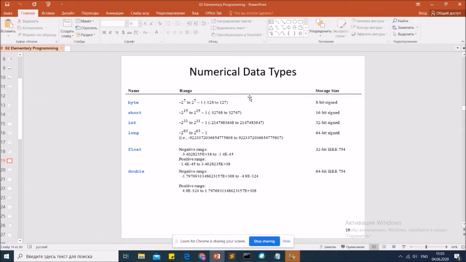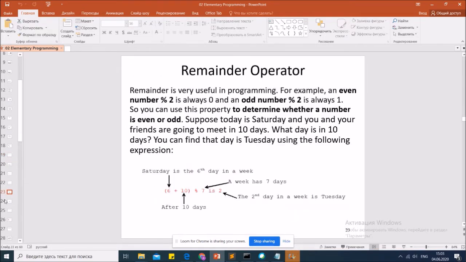It means that if you try to store 500 inside 1 byte, you will not be able to save it there, and only that information that can be fitted, for example 50, will be saved. The same for integers, long, floats, and doubles. All these storage sizes you can find in the presentation.